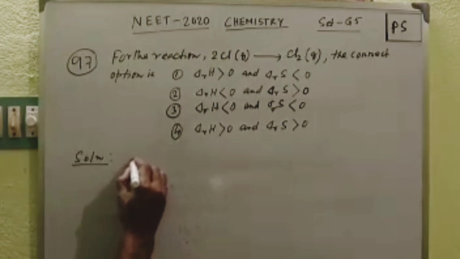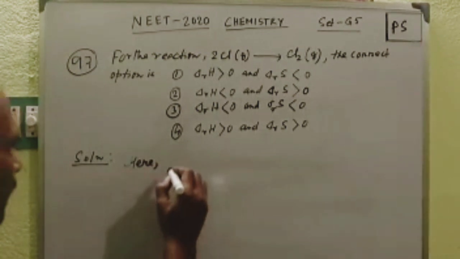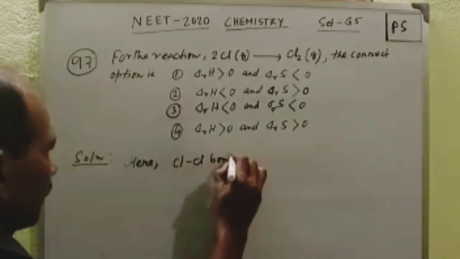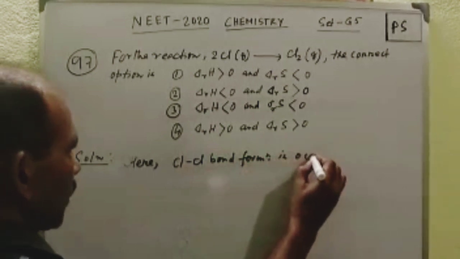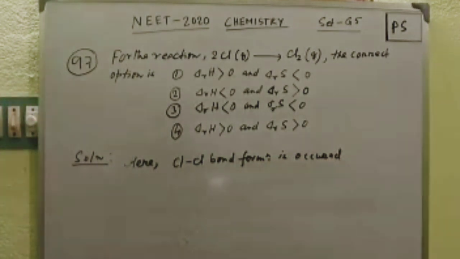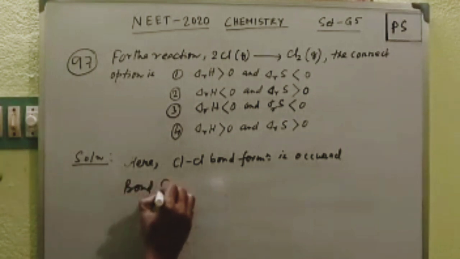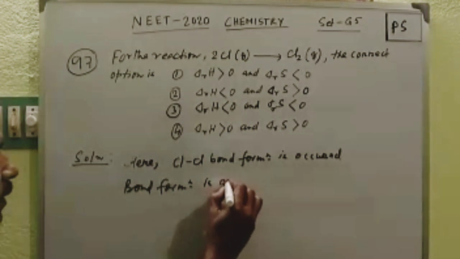Option number 4, delta H is greater than 0 and delta S is also greater than 0. Here, the Cl-Cl bond formation has occurred. And you know, bond formation is an exothermic process.